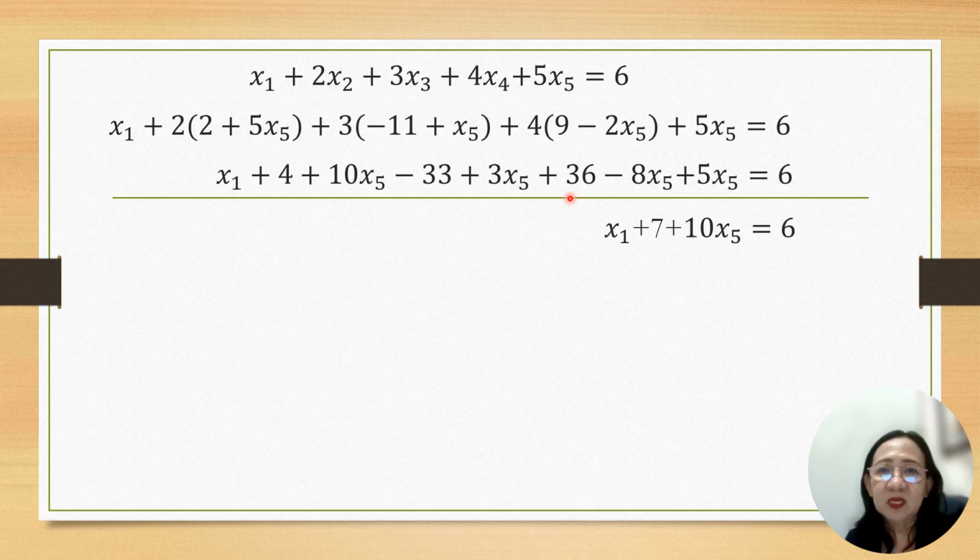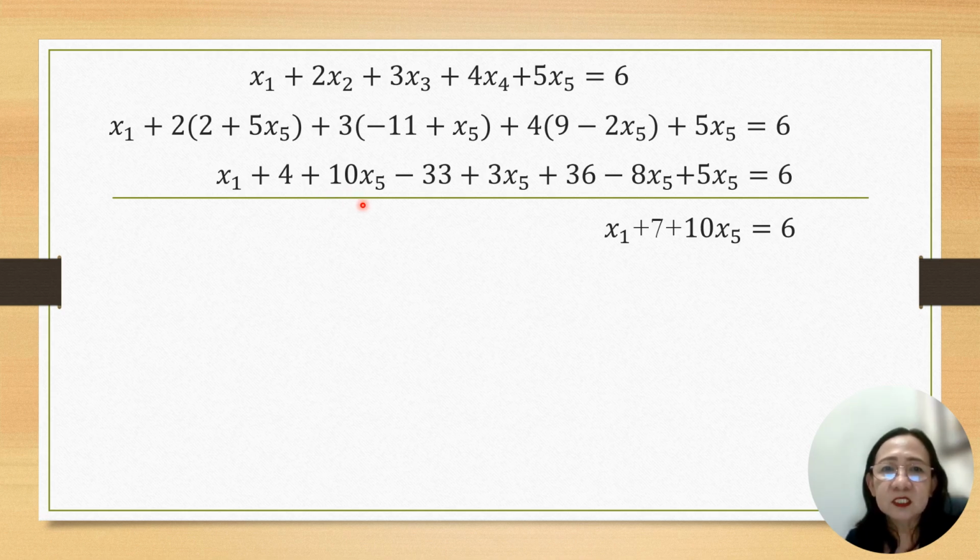Negative 29 plus 36, that is now positive 7. Okay? Is it correct? We can combine first this one to double check. 36 plus 4 is 40. 40 minus 33, that is 7. Check.